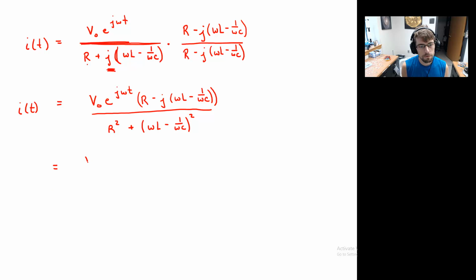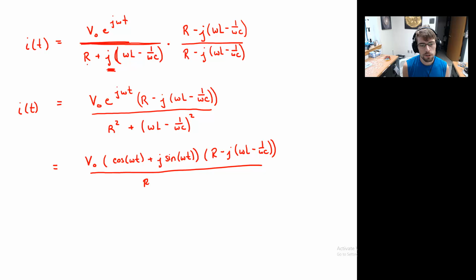We have V naught, cosine of omega t plus j sine of omega t, times R minus j omega L minus 1 over omega C, all over R squared plus omega L minus 1 over omega C squared.